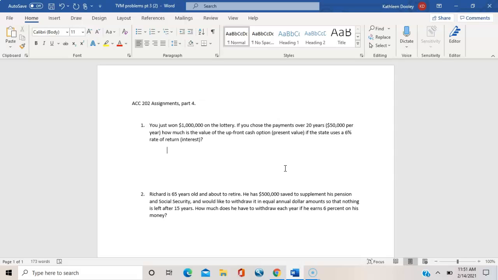So if we did a timeline, we would show the rents received, $50,000 for 20 years, and we have I of 6%, and we want to know the present value.